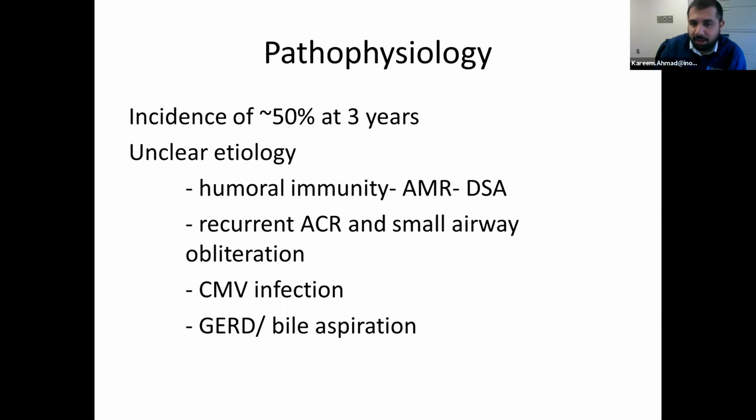But we are starting to understand that there are connections between different parts of the immune response, and even infection or chemical injury, like I listed here, that may play a role in the development of chronic rejection.